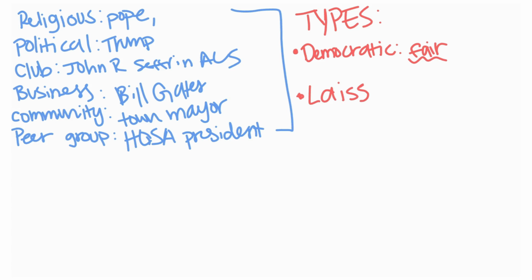So having a laissez-faire leader is not a bad thing, but it is when there's minimal influence from the leader and they avoid making decisions because often the group members can make these decisions for themselves. But it's not always great if you have a group project and nobody takes charge, especially those who are expected to, right? So this is, let's just say, hands-off person, okay?